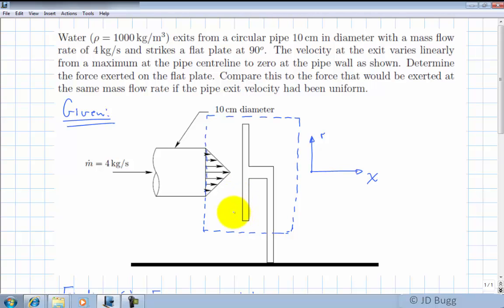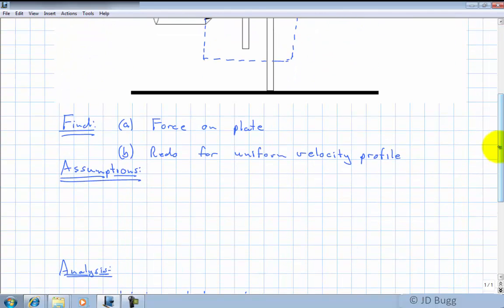So as we're going to see in a moment, we're going to come up with that by solving for this reaction force down here. So if we solve for this reaction force, neglecting these body forces, then we'll just get the effect of the water splashing on it, and not the effect of this having to support the weight of this thing as well. So that's our first assumption that we're going to make, is neglect body forces.